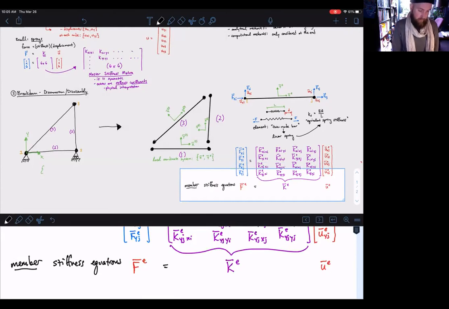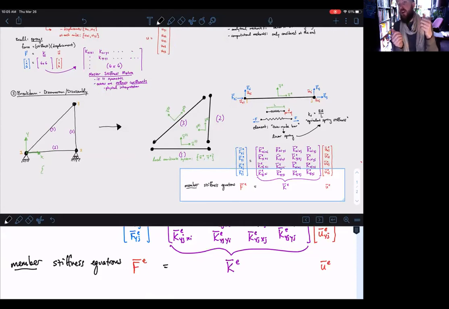Questions so far? Let me just zoom back out and tell you what we're trying to do. If we can just solve F equals KU for the entire structure, then our problem is done.